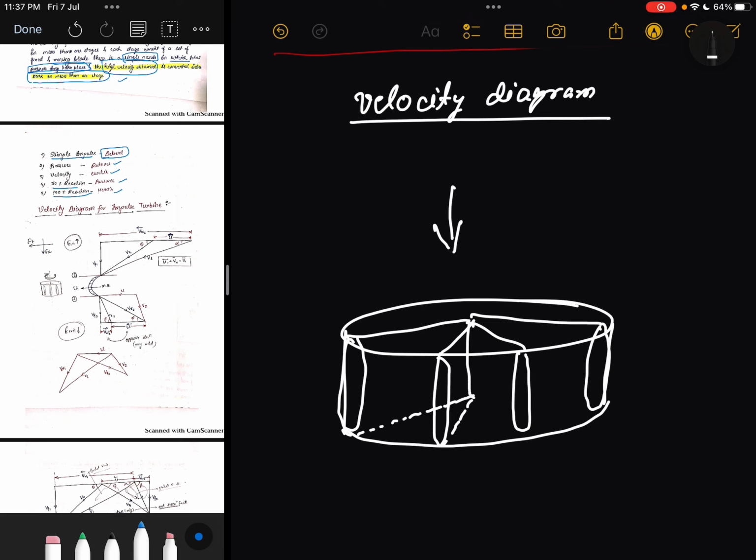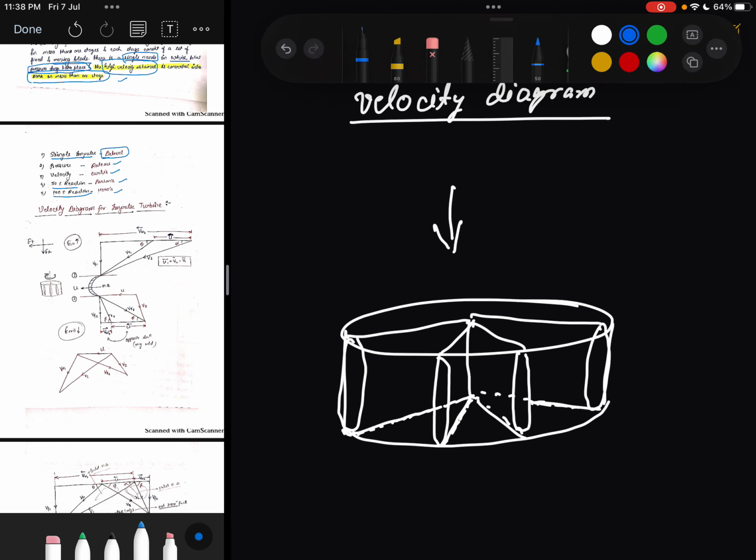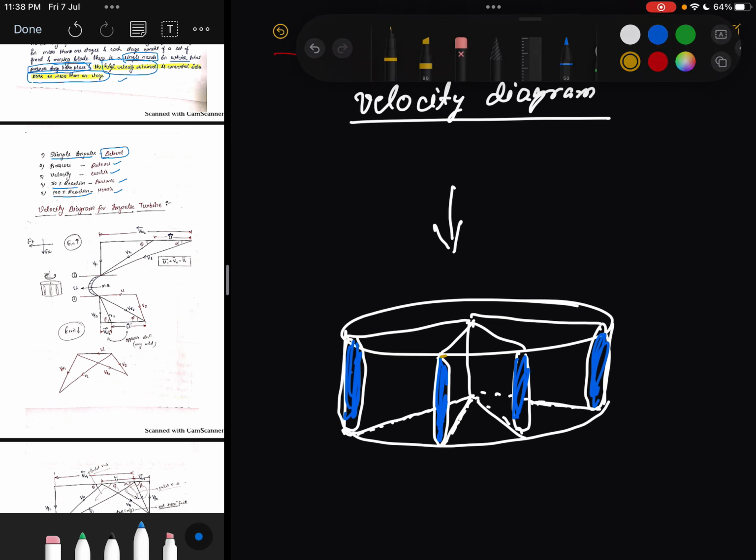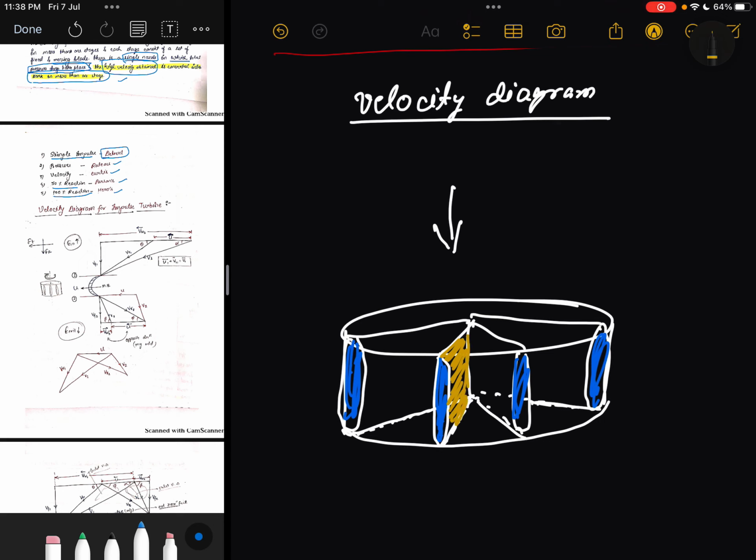Blade is arranged like this. So what I'm trying to say is that our blade is this one, and this one is also our blade, and this one is also our blade.